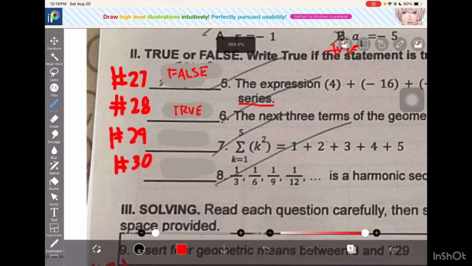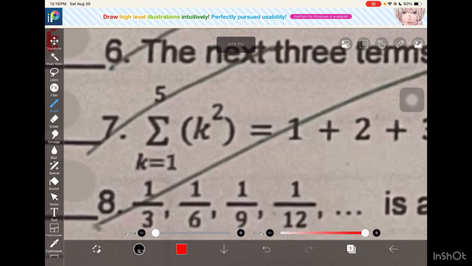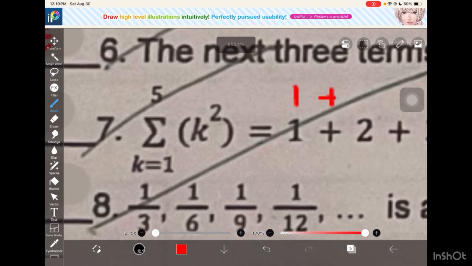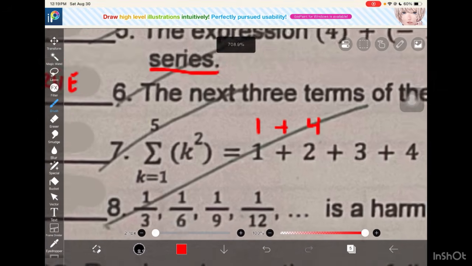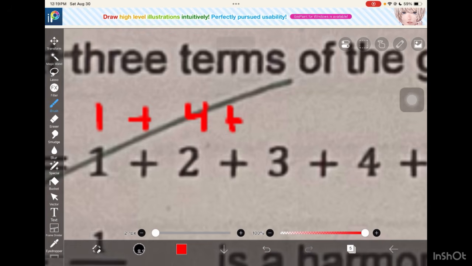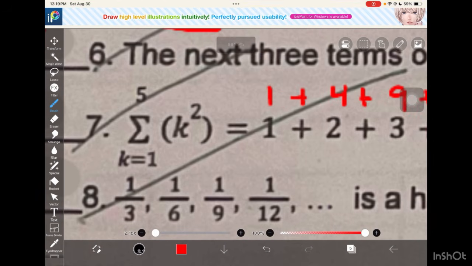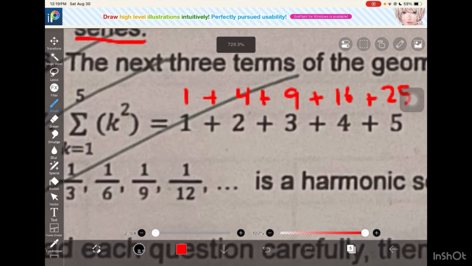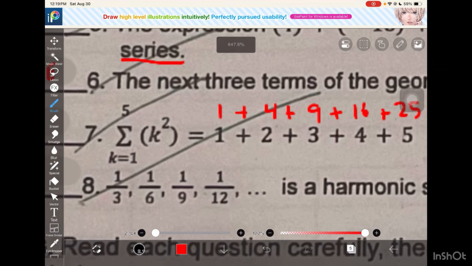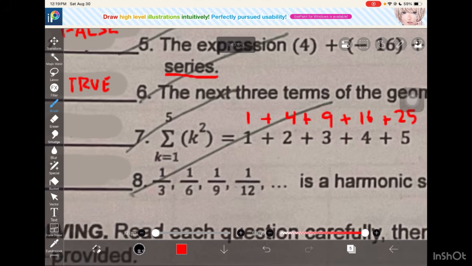So 1 squared is just 1, 2 squared is equal to 4, so it's already false. 3 squared is 9, 4 squared is equal to 16, and 5 squared is equal to 25. Why? Because we substitute each integer from 1 to 5 into this formula, which is just squaring it. This results in a different sequence. Therefore, the sequence listed here is different from the sequence we derived, so this is false.